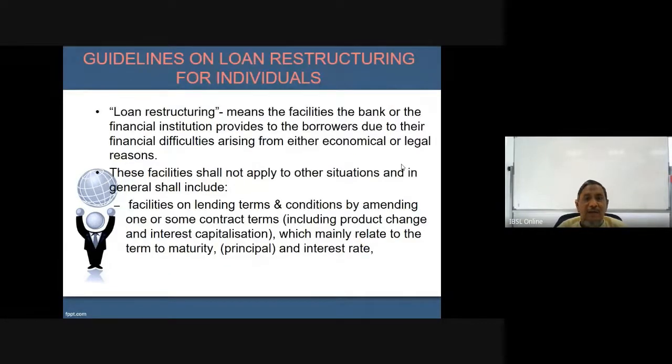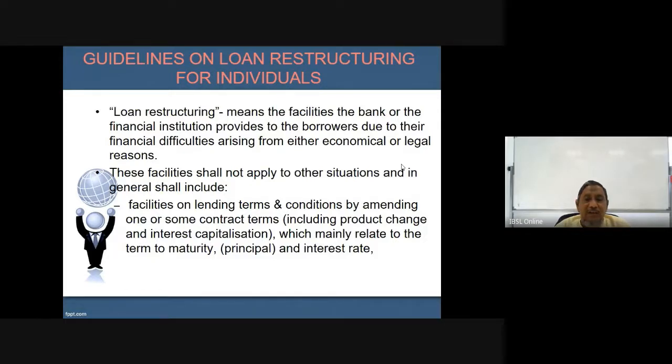Right, guidelines on loan restructuring for individuals. There are two types of restructuring we are going to talk about: individual restructuring and corporate restructuring. Loan restructuring means the facilities the bank or financial institution provides to borrowers due to their financial difficulties arising from economic or legal reasons.